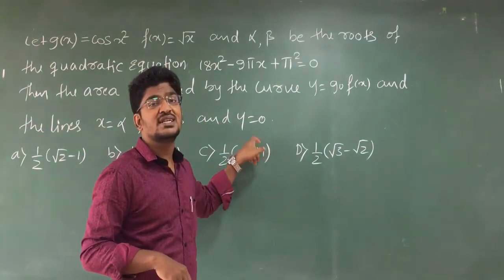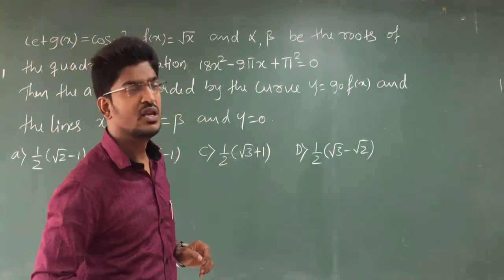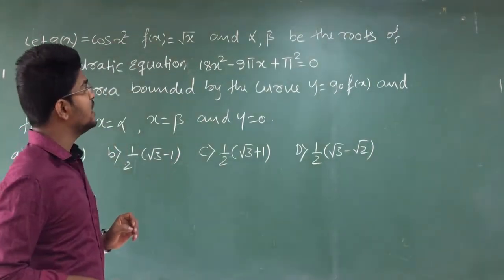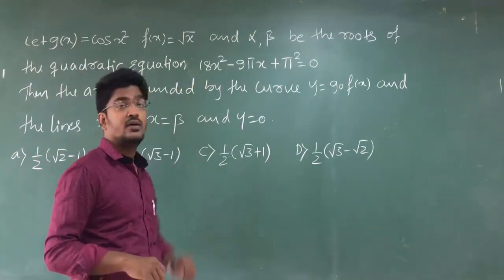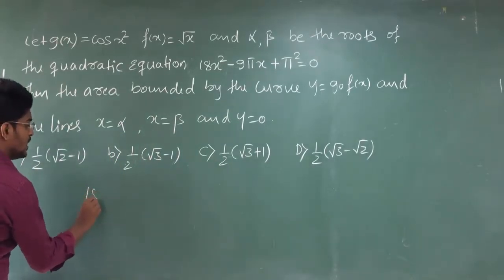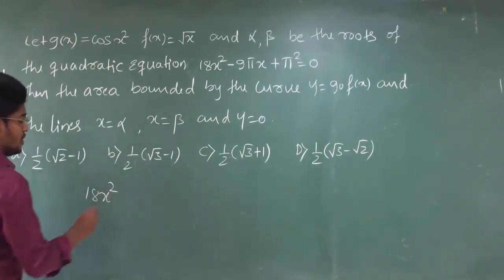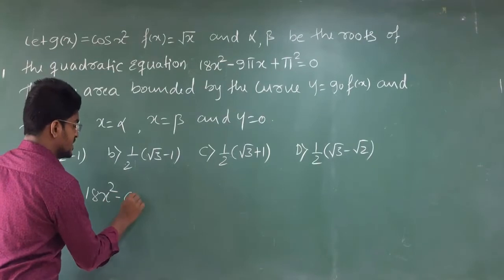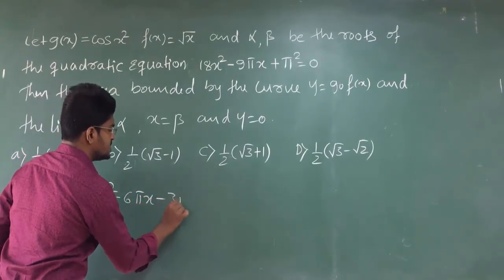Y equal to 0 means it is the x-axis. Clear? Okay, so first let us solve for alpha and beta. See there, it is 18x square minus 6 pi x minus 3 pi x.